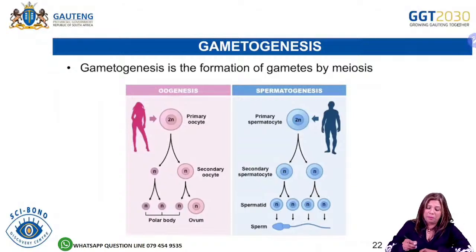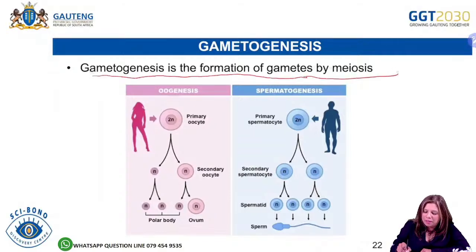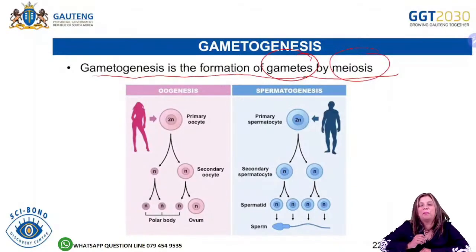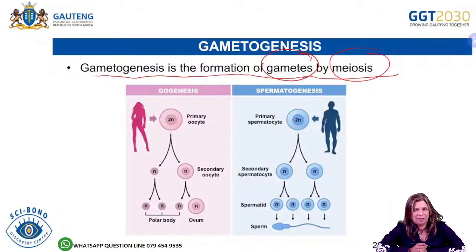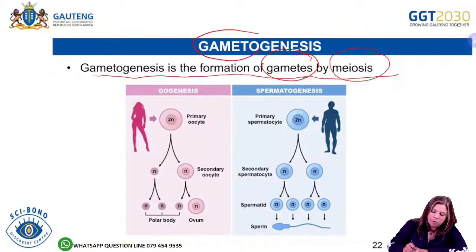So let's first talk about what gametogenesis is. Gametogenesis is the formation of gametes by meiosis. If we want to know what gametogenesis really means, because there are easy ways to remember this for the exam, we break the word up. Gameto is a Greek word, and it comes from the word gametes.